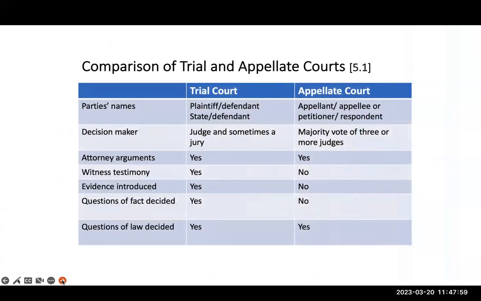Okay. In front of you now is a chart that is contained in the textbook as Exhibit 5, or Figure 5.1. And it's simply a comparison of the different roles of the trial and appellate courts.